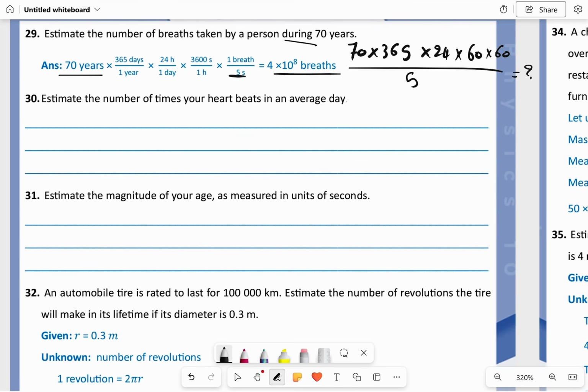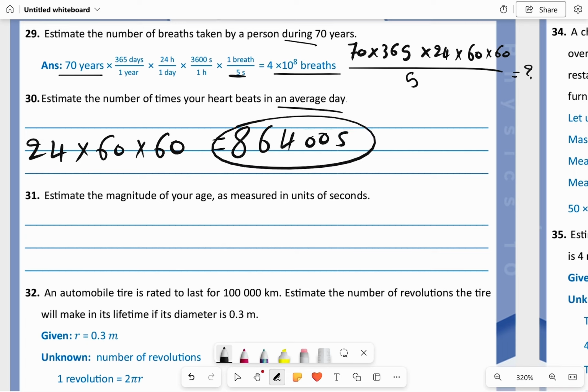Estimate the number of times your heart beats in an average day. Let's say that your heart beats once in a second, okay? Actually it's more than that. So in an average day, you have 24 hours multiplied by 60 minutes multiplied by 60 seconds, so you get 86,400 seconds.